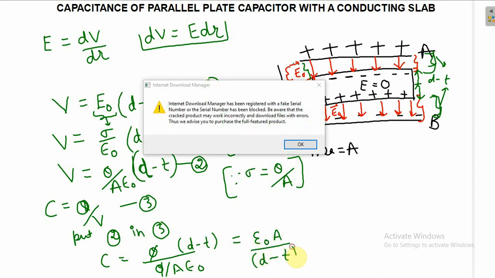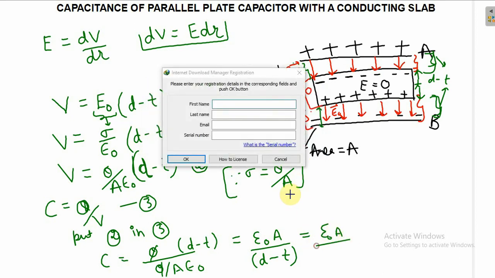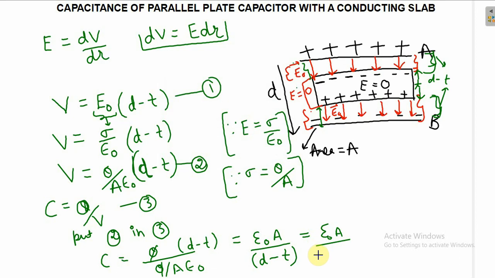In the next step we will take out D common. You will get D times 1 minus T by D. And if you remember in the first chapter, capacitance of a parallel plate capacitor is epsilon naught A by D. You can take it as equation star.